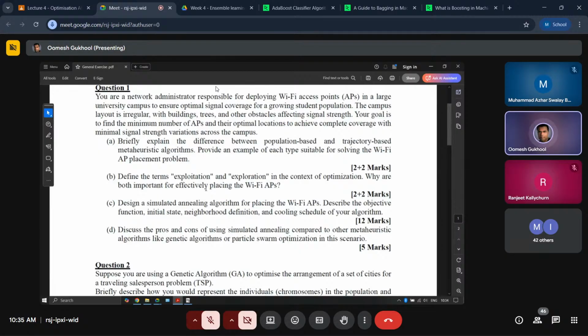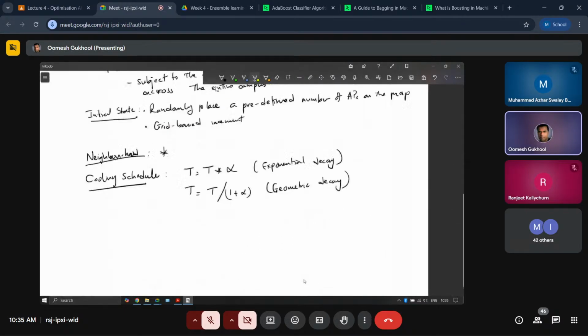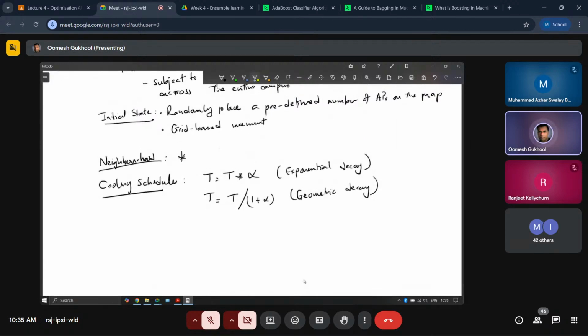Also, one of the biggest disadvantages of simulated annealing is it is very sensitive to that cooling schedule. That is, whether you're using exponential decay or geometric decay, and that cooling rate itself, it's very sensitive to that.